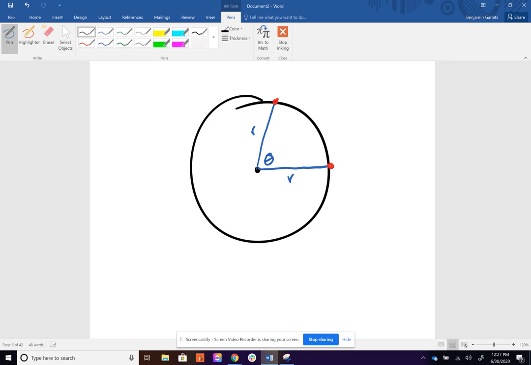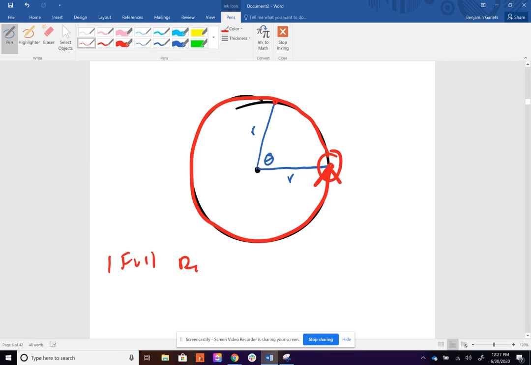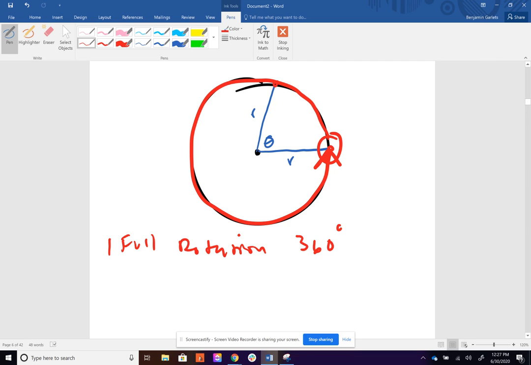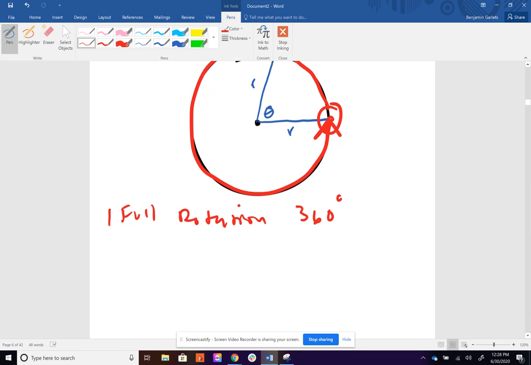A full 360 degrees: if I start at one point of a circle and I walk the perimeter, I've walked 360 degrees. One full rotation is 360 degrees.